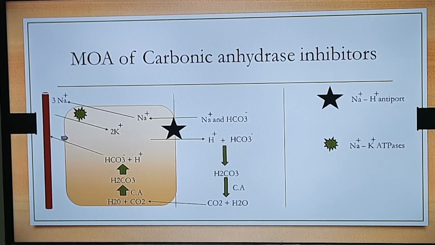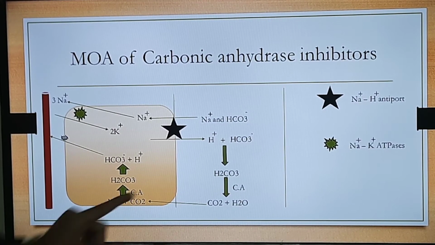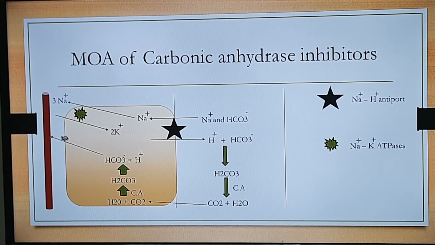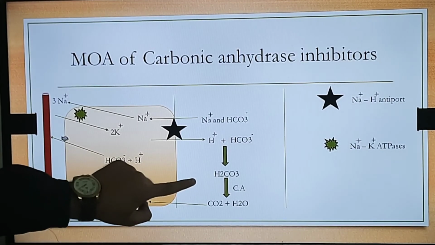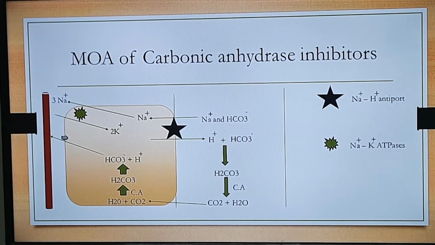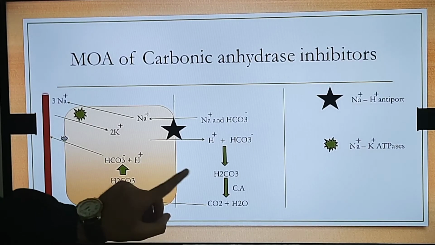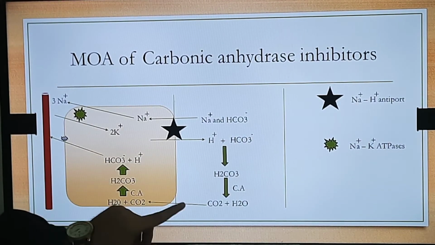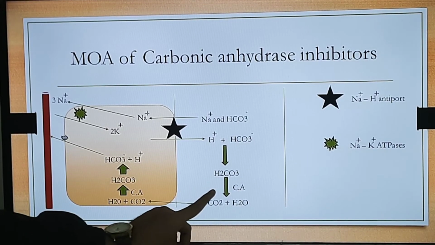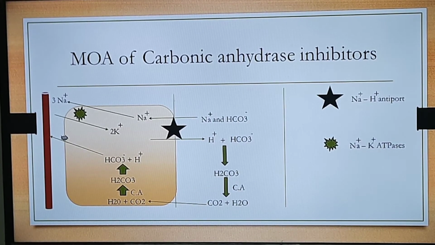Now अगर हम किसी पेशेंट में if we block the activity of this particular enzyme, that is carbonic anhydrase की activity अगर हमने block कर दी, let us see what will be its effect. Now if we block the activity of our carbonic anhydrase enzyme, do you think कि ये जो carbonic acid बन रहा था and it was getting degraded into CO2 and H2O in the presence of our enzyme carbonic anhydrase will take place?